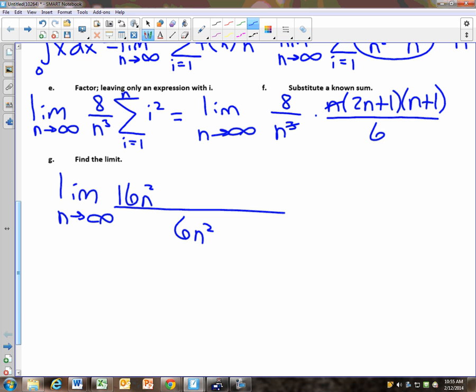16n squared. Plus 2n times 1 is 2n. 1 times n is n. Add those together, I get 3n times 8, 24n. 1 times 1, 1 times 8.